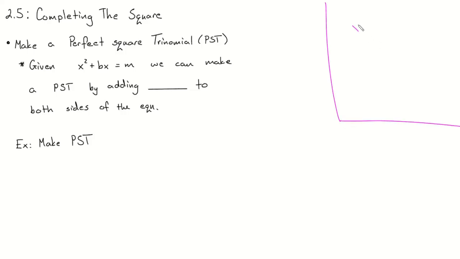I know one of the examples from the bell ringer was x squared plus 12x plus 36. Okay, we want to use this, and I can put a couple more here, but I want to see if we can come up with the nice shortcut. So for our first one, all we're doing is filling in the blank. And here we go. I want to have x squared plus 2x plus blank.